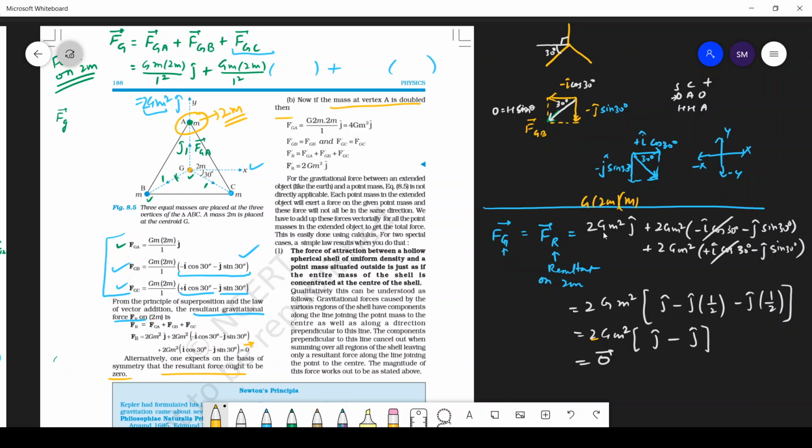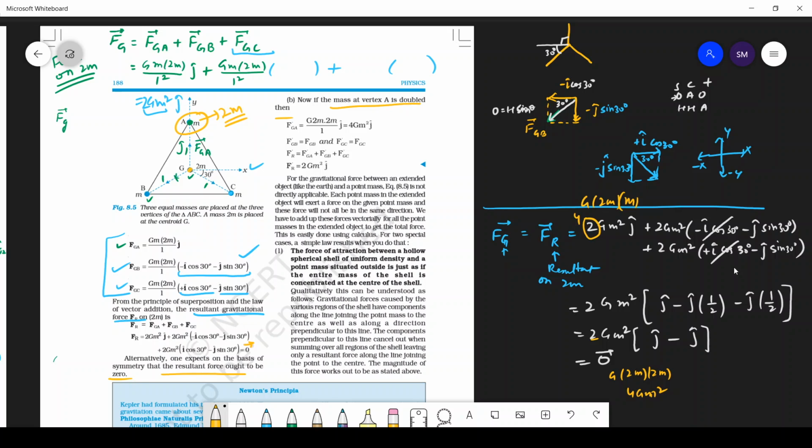We get this 2g m square, but now it's g into 2m, and the vertex at vertex A also I have mass 2m, so 2m divided by 1 square, so here I have 4gm square, so only this value will be changed. Instead of 2 I have 4 here now in second part.